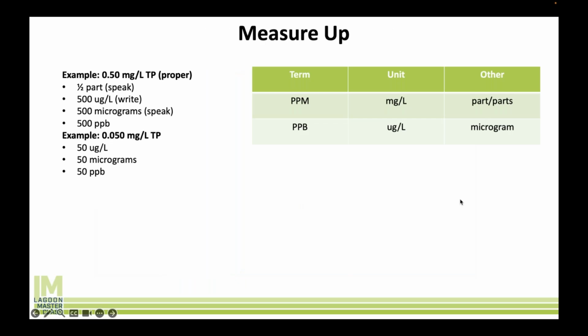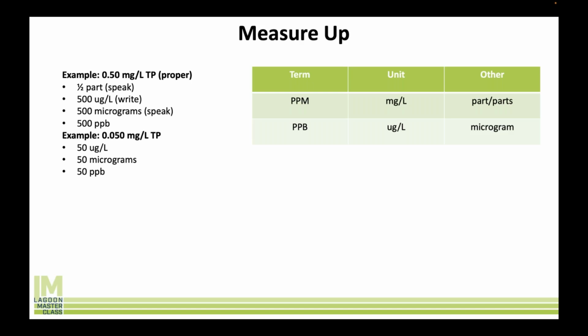So I wanted to spend just a quick minute talking about the different measurements of phosphorus, or just the different measurements in general. So we have what's called parts per million, which is equivalent to milligrams per liter. And then we have parts per billion, which is micrograms per liter. And this can sometimes get confusing. So when we talk about, for example, 0.5 milligrams per liter, that's half a part, and that's 500 micrograms per liter.